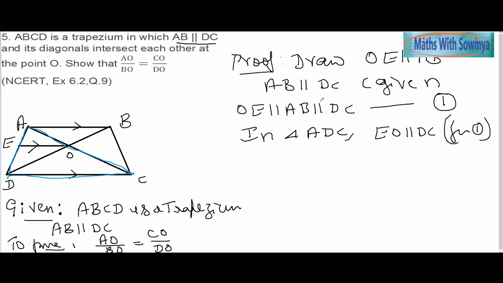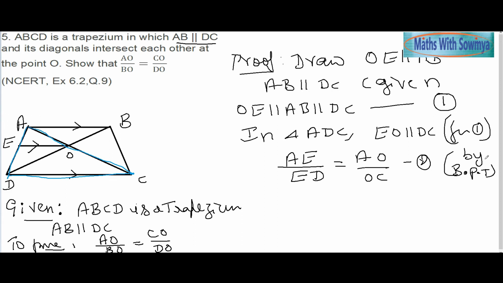Simple. That's why I said you just mark it as 1. We can simply use it. We know that in a triangle when two lines are parallel we can easily use the BPT. So now I shall use the BPT here: AE by ED is equal to AO by OC, by BPT.